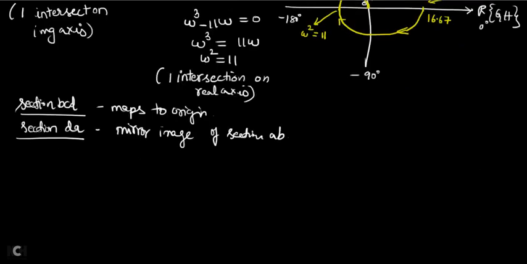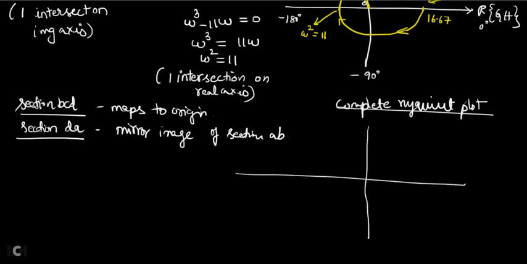Clear? Now let me write it separately here. After completing all the sections, I have to write the complete Nyquist plot. Call this the real part of G into H. Call this the imaginary part of G into H. This is the G into H plane. Already I have my diagram present.